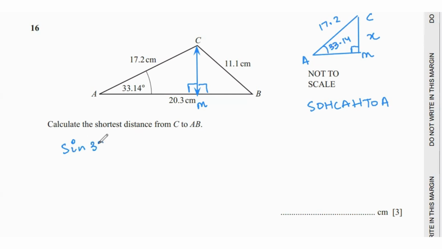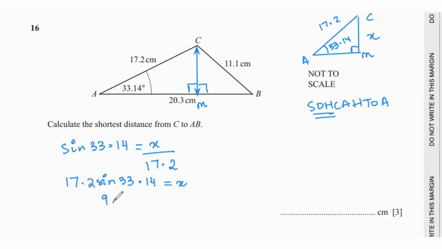Sine of 33.14 equals X over 17.2. 17.2 times sine of 33.14, and that leaves us with a value of 9.40 centimeters. That is the shortest distance C to AB.